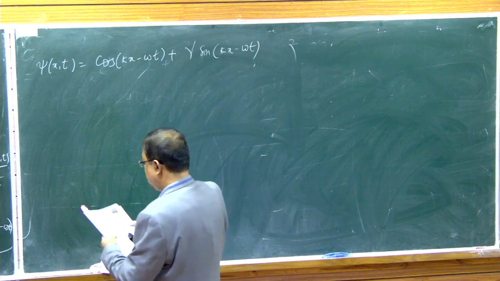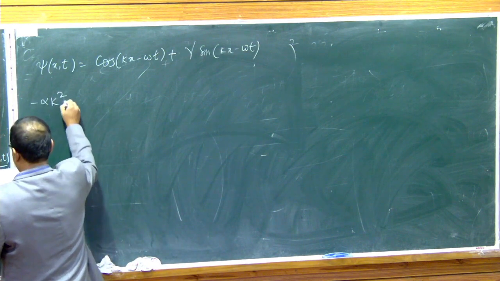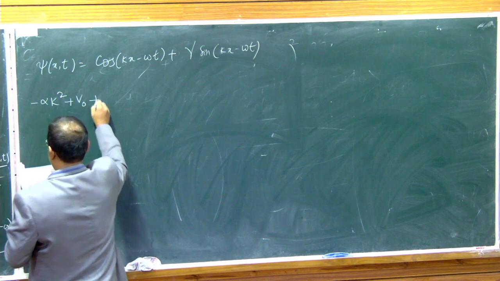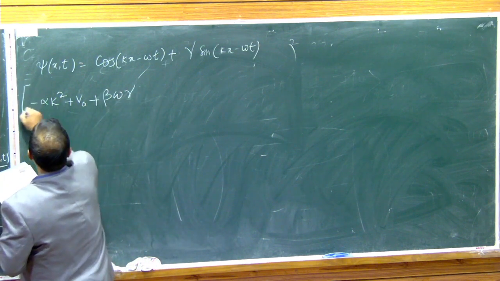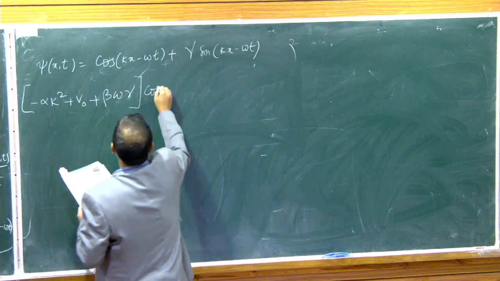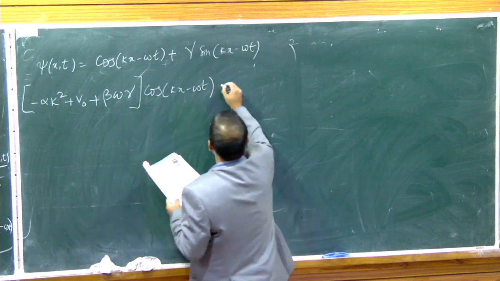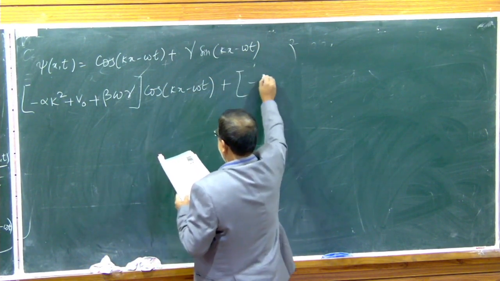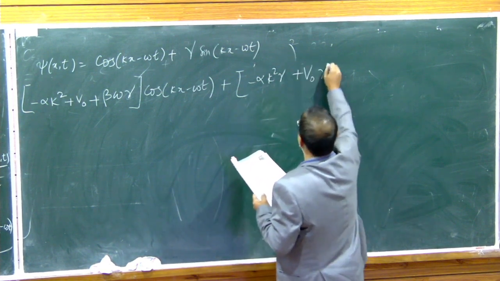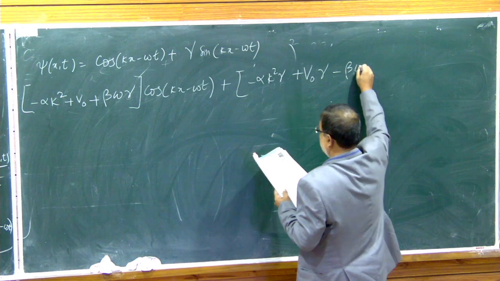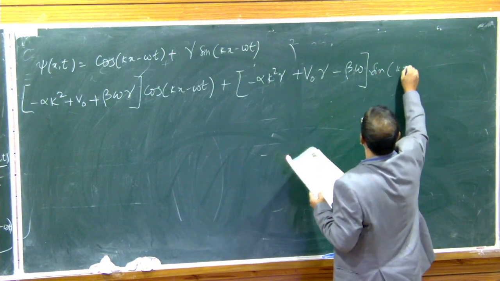So if you put it in the above equation, you get minus alpha k squared plus alpha v naught plus beta omega gamma times cosine(kx minus omega t), plus alpha k squared gamma plus alpha v naught gamma minus beta omega times sine(kx minus omega t).